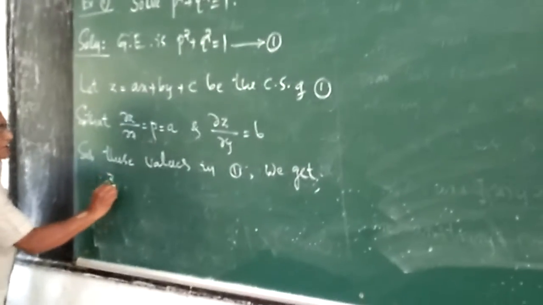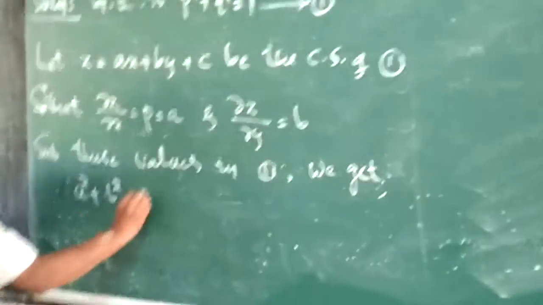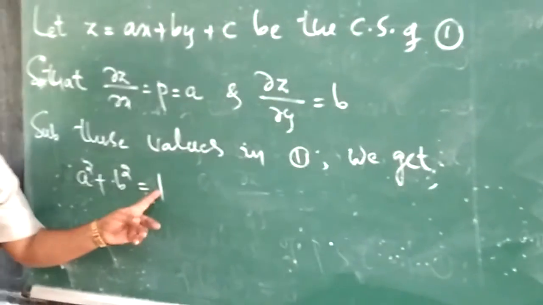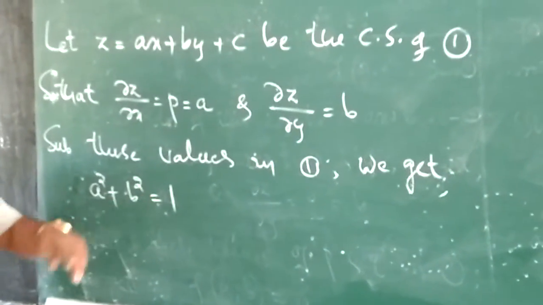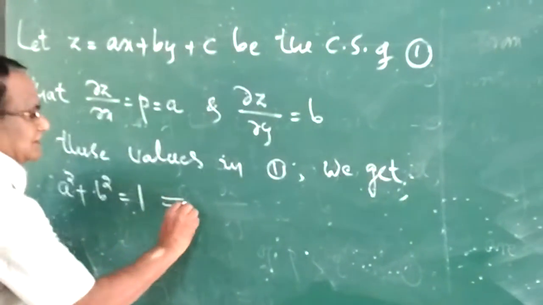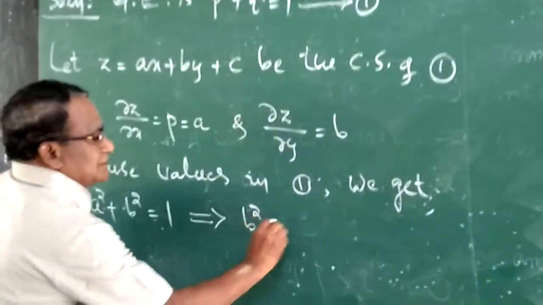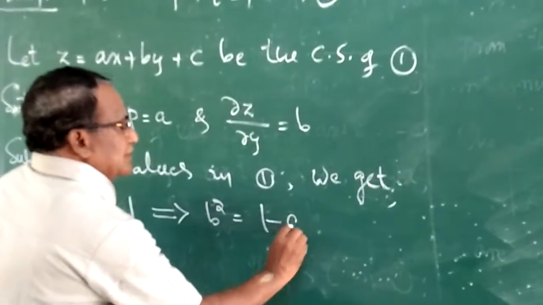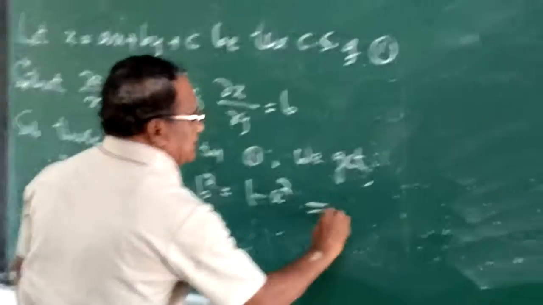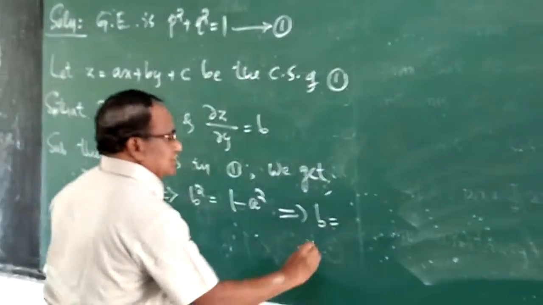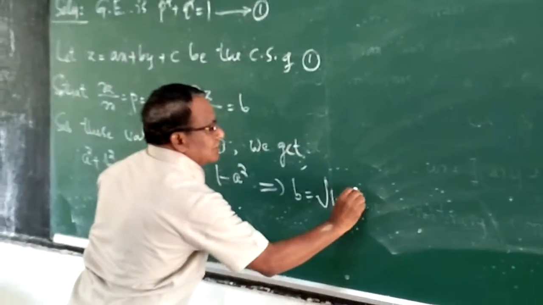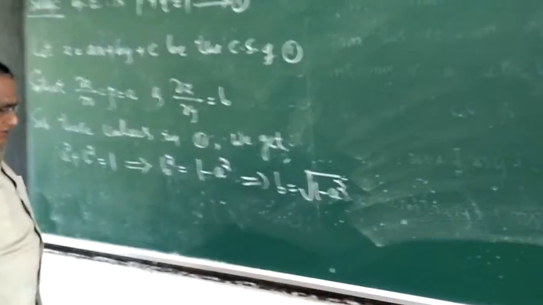So a squared plus b squared is equal to 1. From this relation, one can find b in terms of a. This implies that b squared is equal to 1 minus a squared, which implies that b is equal to root of 1 minus a squared.